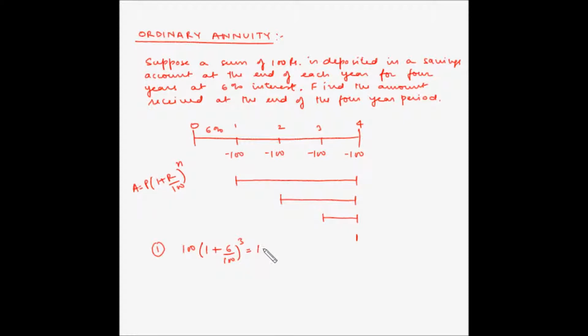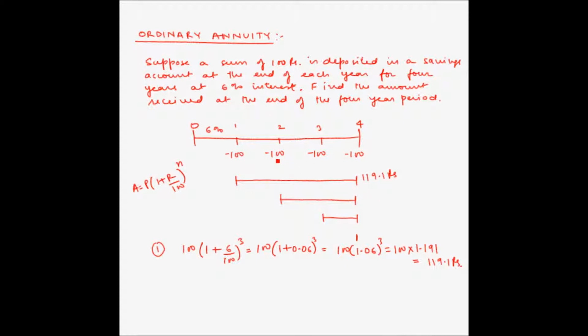So this becomes 100 into 1 plus 0.06 to the power 3, which is 100 into 1.06 to the power 3, which is 100 into 1.191, equal to 119.1 rupees. So this 100 rupees deposited at the end of the first year will become 119.1 rupees at the end of 4 years.